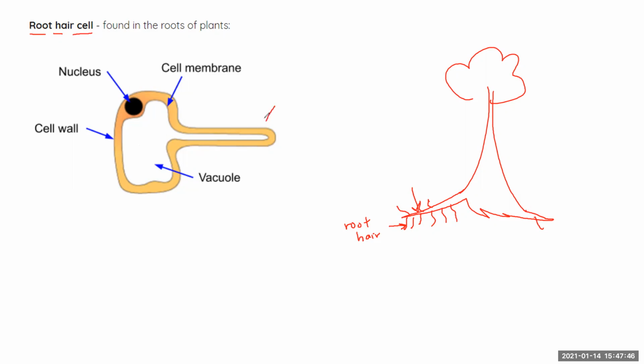This special extension is to increase surface area again. Why does it need to increase surface area? Not for it to carry oxygen, but for more water to be absorbed. Because in the roots, you need to absorb water. The larger the surface area, the more water you can absorb.